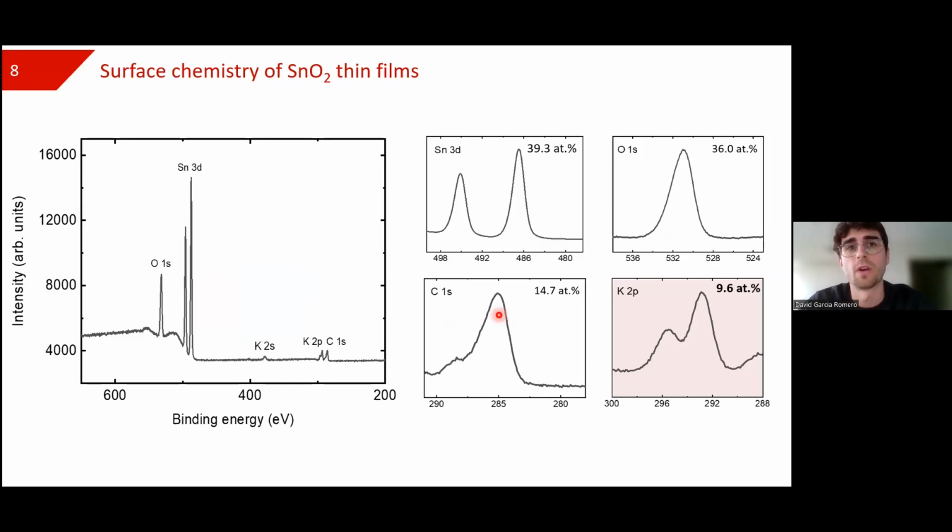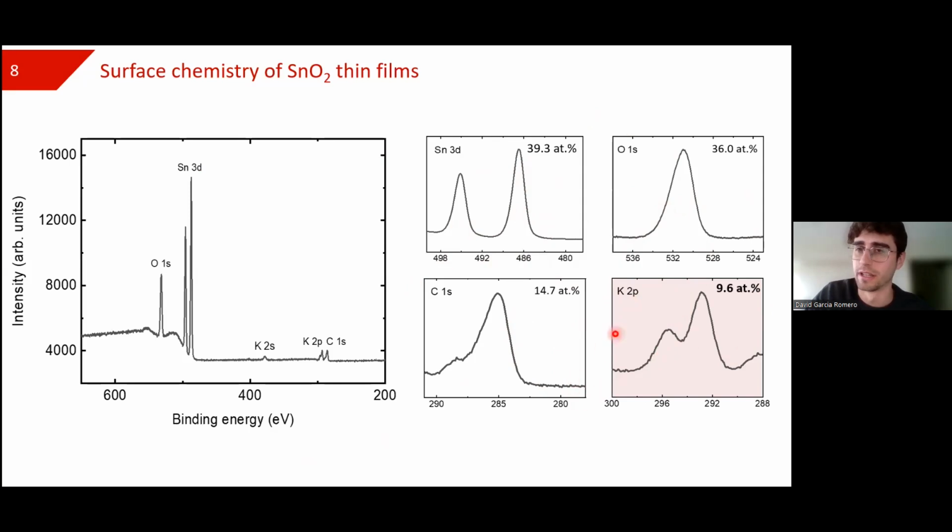That's the reason why we studied the surface chemistry a bit deeper, and we did some X-ray photoelectron spectroscopy. I'm showing here on the left the wide scan measurement, displaying the relative atomic concentration of each of the atoms present on the surface. Tin and oxygen are obviously there. We observed a decent amount of carbon on the surface, and we were surprised to see also potassium.